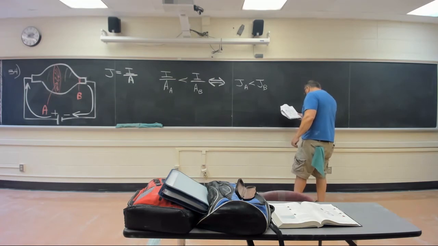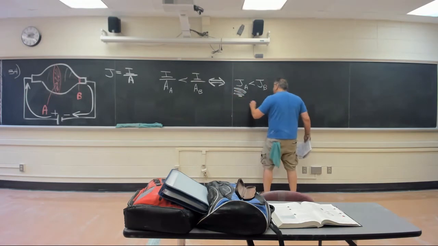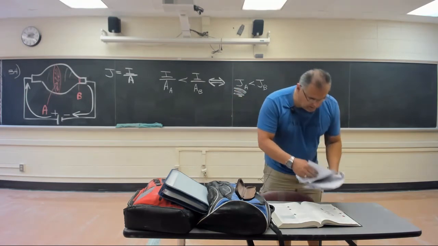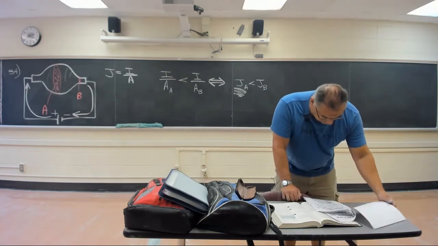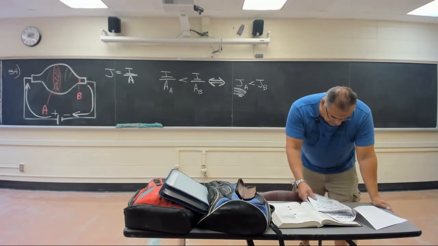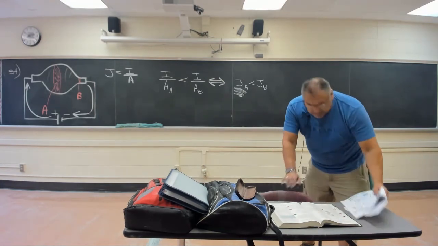Current density at A is less. The current density here at A is less than it is at B. Simple as that. That's A. For the other one, they're talking about the magnitude of the E field.